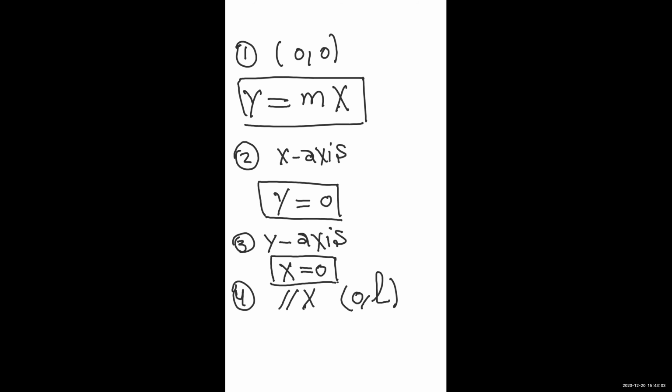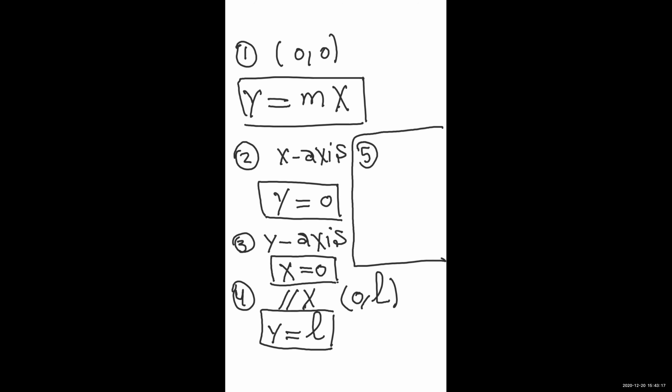So this means y will equal L. The last point: the equation of the straight line which is parallel to y this time, and passes through a point. So this means, guys, there is no coordinate for y, so a constant like k and 0. Okay, so x will equal k.